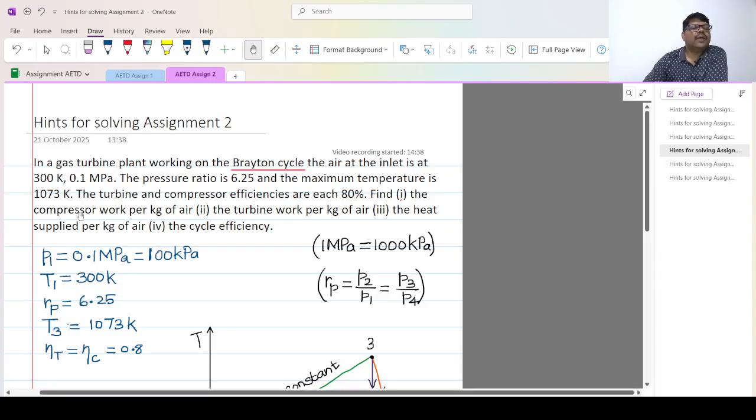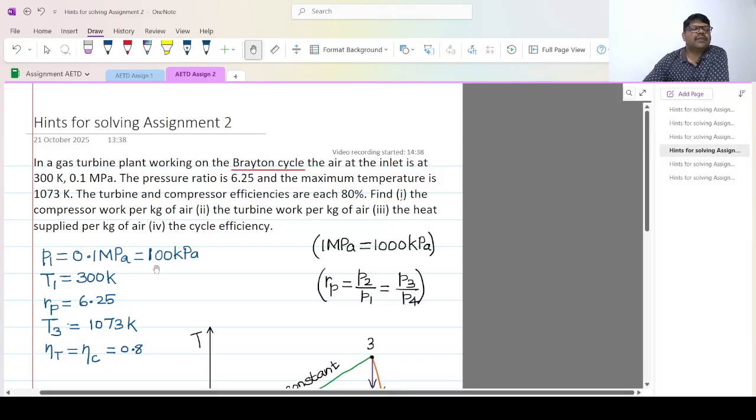So therefore, at the beginning state, the temperature is T1. So therefore, I have written T1 equal to 300 Kelvin, and the pressure at the beginning or at the inlet is 0.1 MPa. Here I have written the pressure as P1 equal to 0.1 MPa.